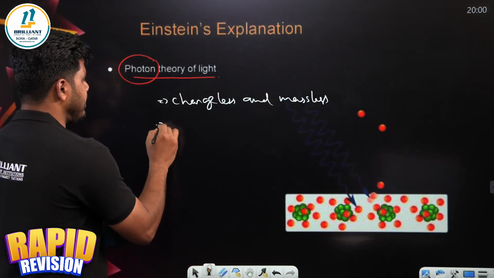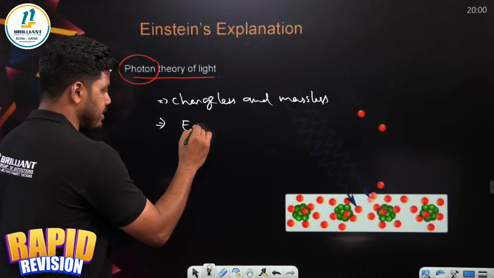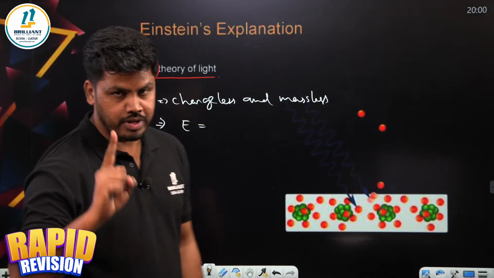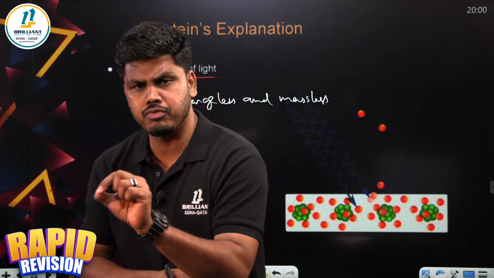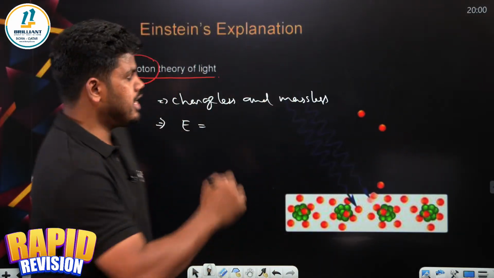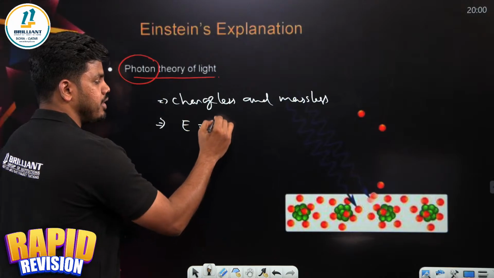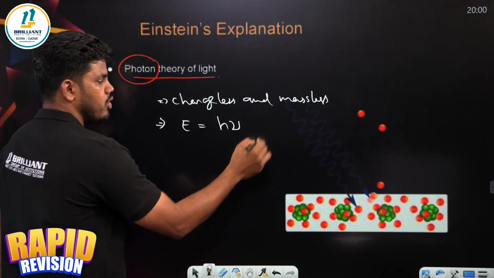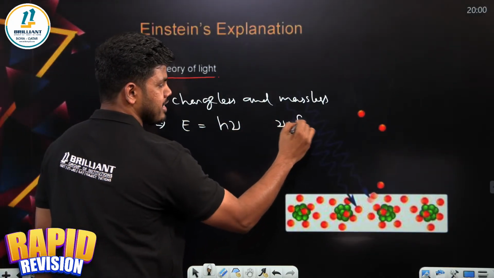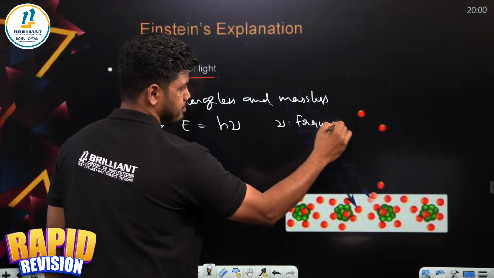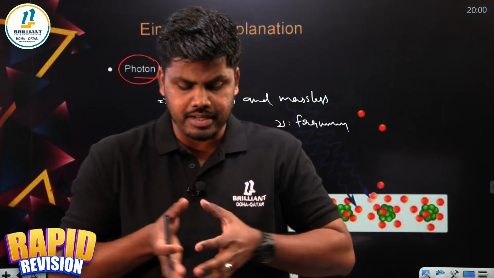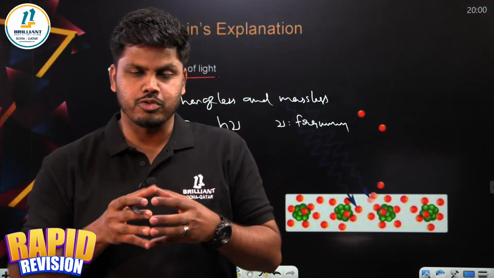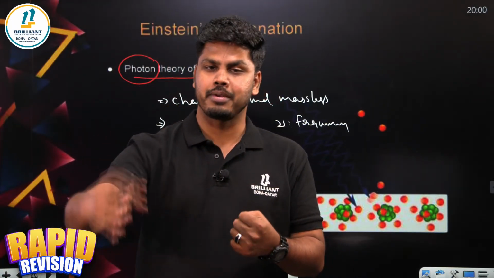And the energy of one photon: see, light travels as a collection of particles. Each particle is called a photon. Each photon will have an energy equal to h nu, where nu is the frequency of that radiation, right? Suppose you take a red color source. The red color source will send so many red photons.